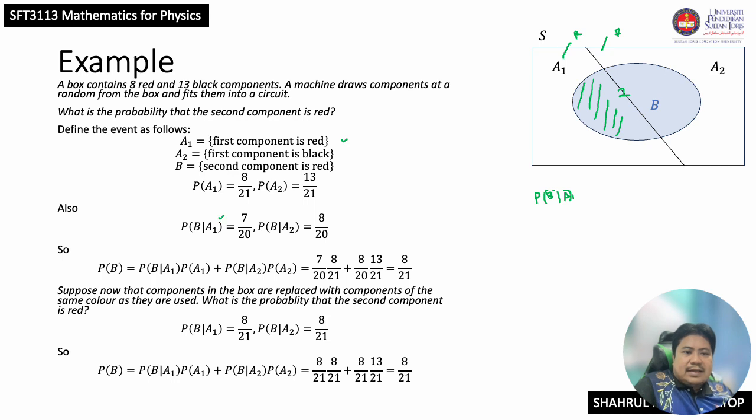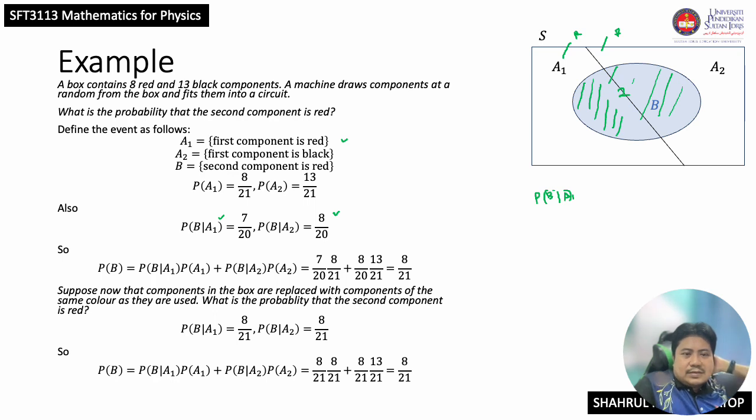So we have this and this. The probability that the component is red, this red, that means the probability of B. When the first component is red, the probability is 8 over 21, because 8 plus 13 is 21 possibilities. So the probability of B given A1 is 7 over 20. And the probability of taking a second red when the first is black is 8 over 20.